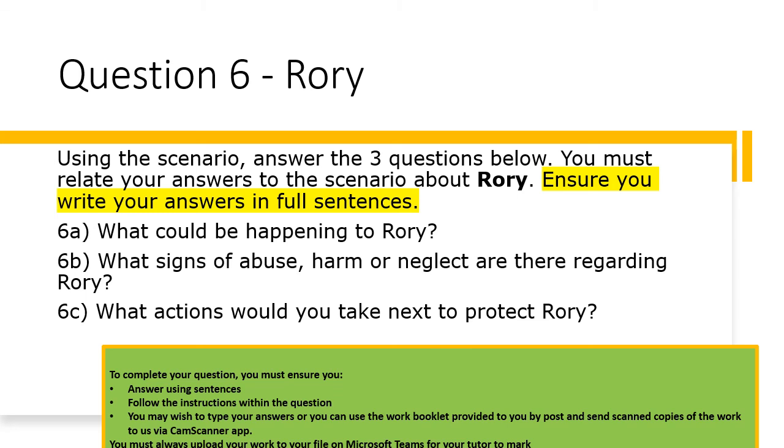What could be happening to Rory? What signs of abuse, harm or neglect are there regarding Rory? And what actions would you take next to protect Rory? Again, make sure you write your answers in full sentences and use the slides from before to help you understand what might be happening to Rory.